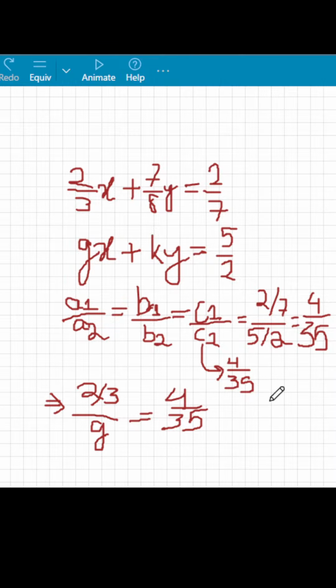So this will be g is equal to 35 into 2 by 3 into 4.